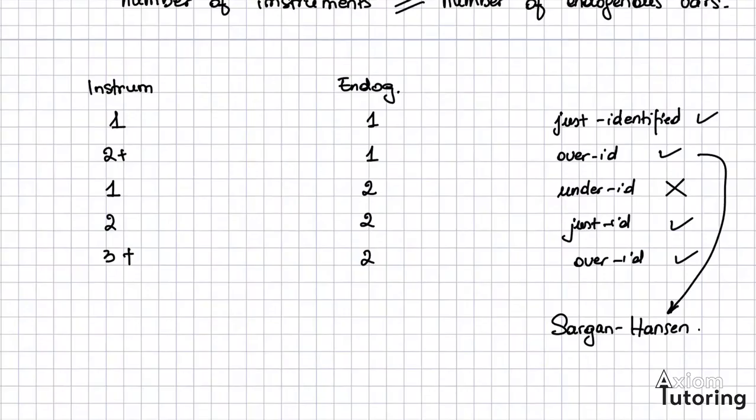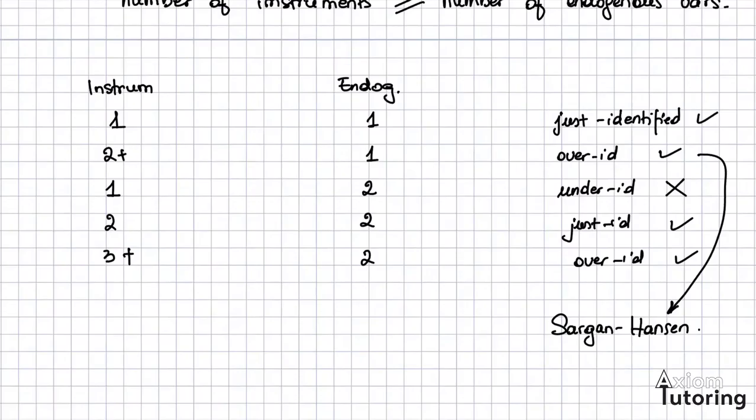Now, under-identification is not fixable with better econometrics. If you don't have enough instruments, you cannot estimate all causal effects. The only solution is to find more instruments, okay?